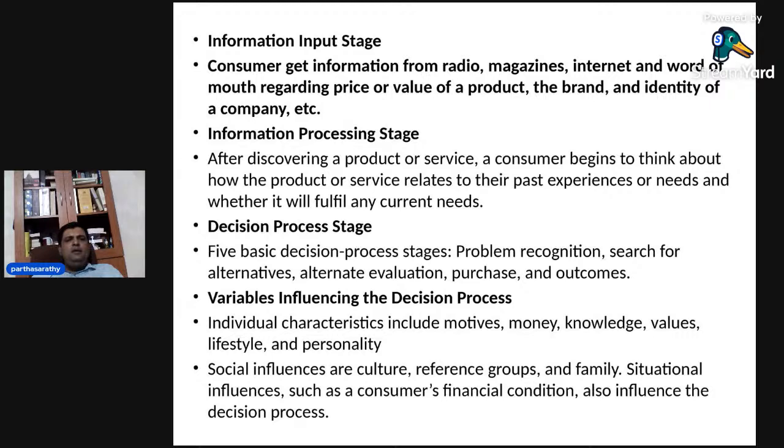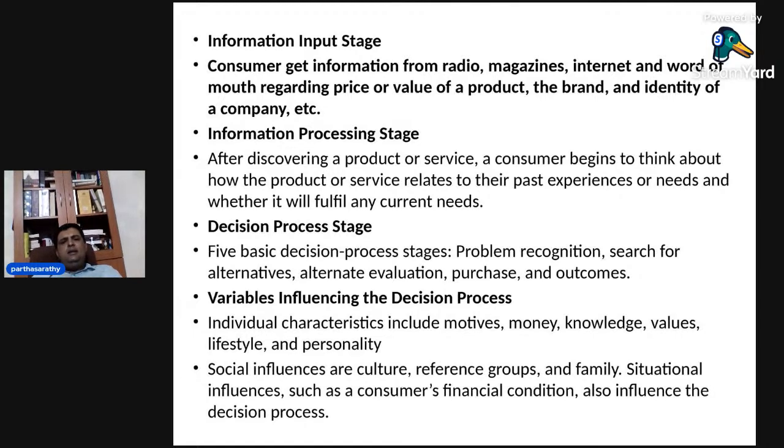If there is a gap between my needs and my desire, if there is a product in that category, definitely that will elicit a behavior within me. So in information processing, three things to be kept in mind: the past experience, the needs, and whether it will fulfill any current needs. If it doesn't have the need-satisfying capacity, then those advertisements don't get into further processing.